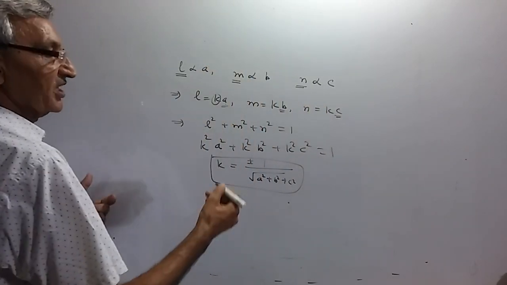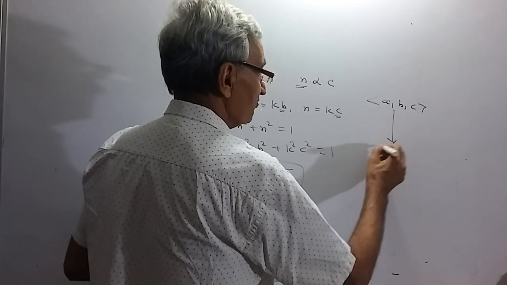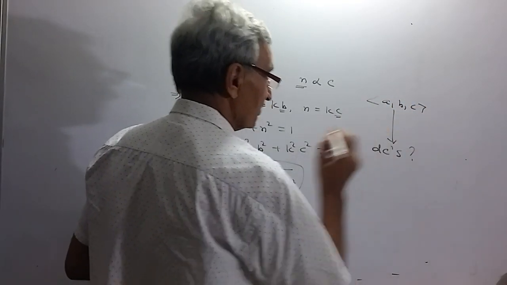When direction ratios A, B, C of a line are given to me, how do I find the direction cosines? That is the question.